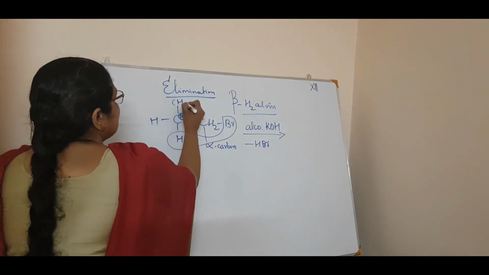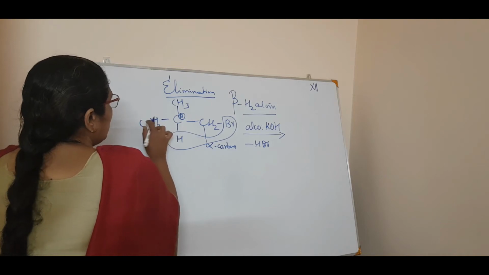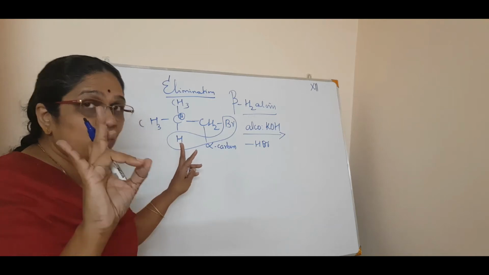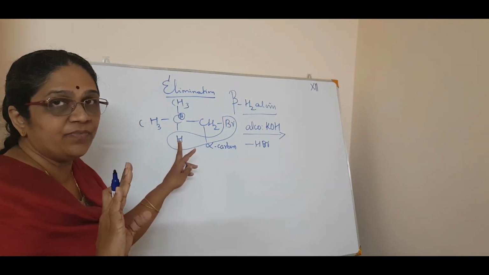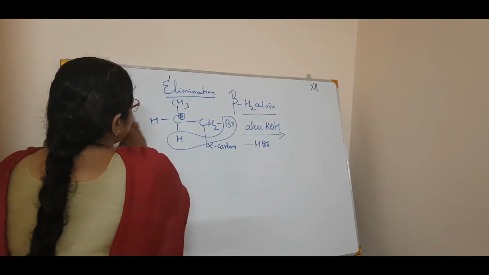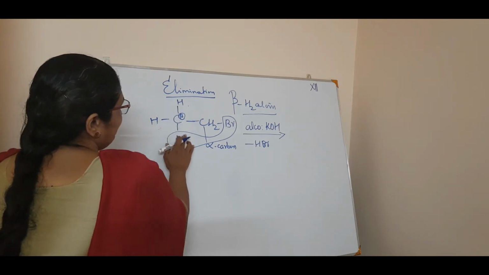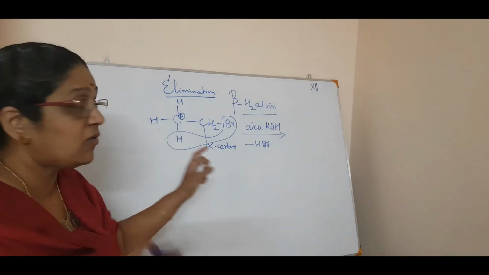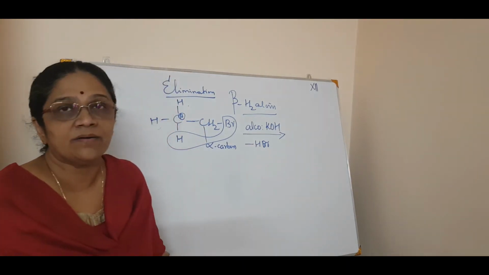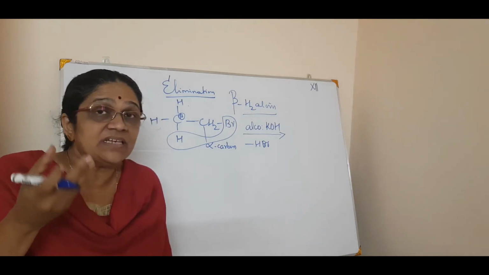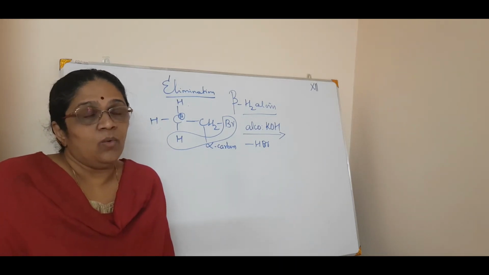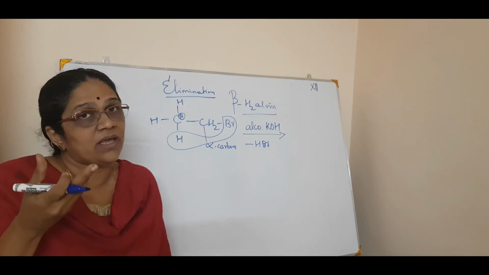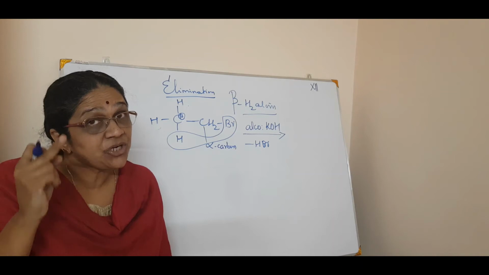Even if this contains CH3 and there is only one hydrogen atom, that is okay. The reaction happens. It must contain at least one beta hydrogen atom. So no problem. Okay. So this hydrogen will extract this bromine atom only in presence of alcoholic potash. Remember. That is why I said that reagent is very, very important. Once you are using the reagent alcoholic potash, that is alcoholic KOH, elimination happens.